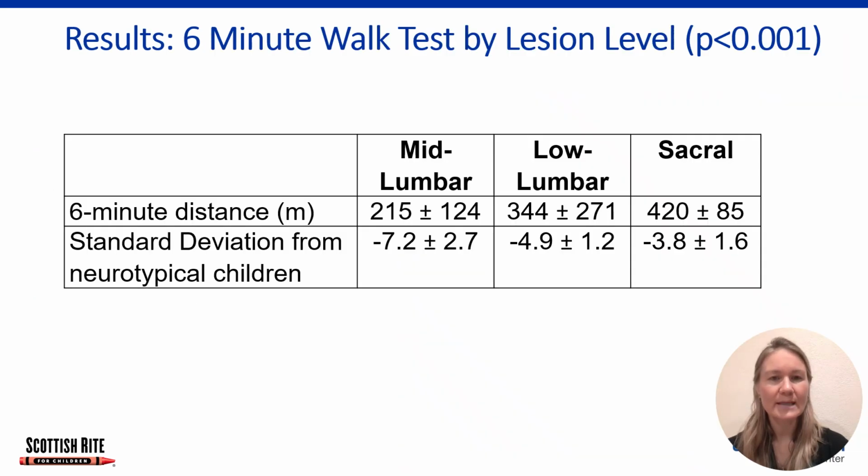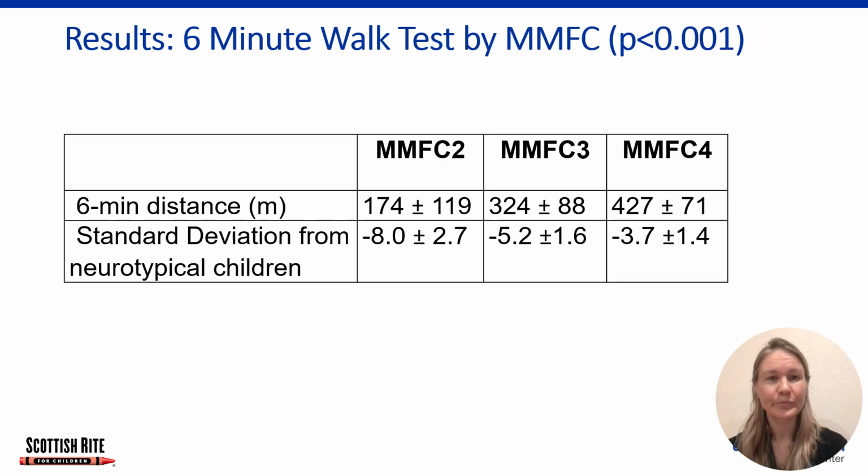Mean 6-minute walk distance was shorter for myelomeningocele mid-lumbar versus low lumbar and low lumbar versus sacral lesion levels. This amounts to about 7 standard deviations lower than the age and sex matched mean from neurotypical youth, 5 standard deviations below the mean for the mid-lumbar group, and almost 4 standard deviations below the mean for the sacral group.